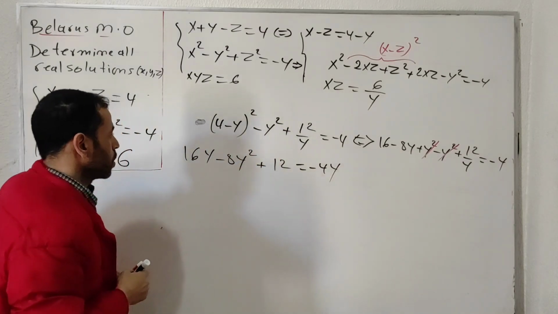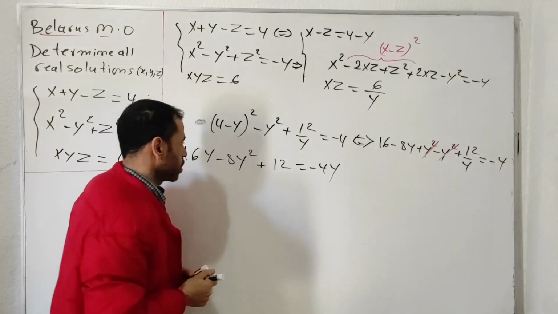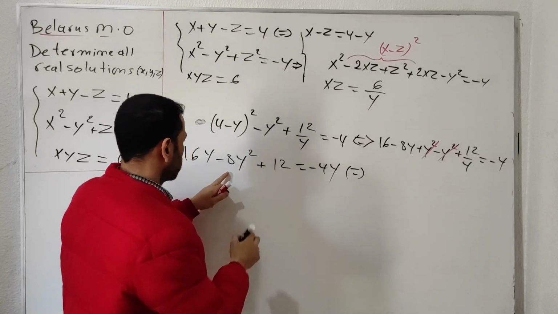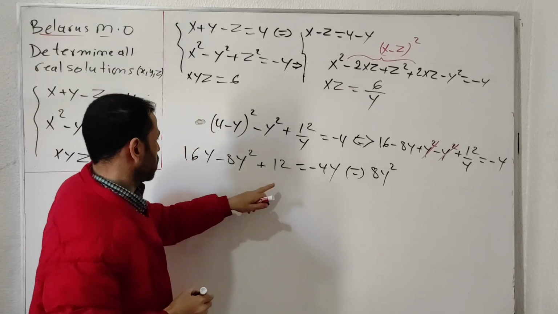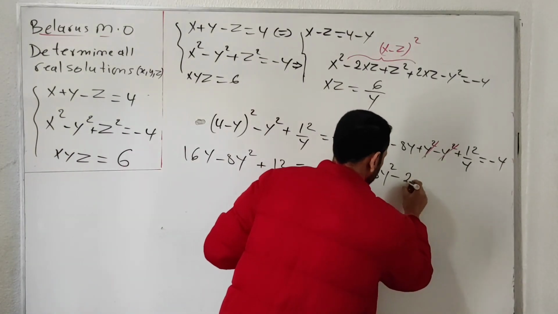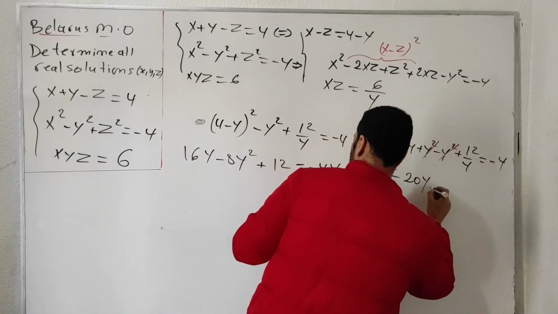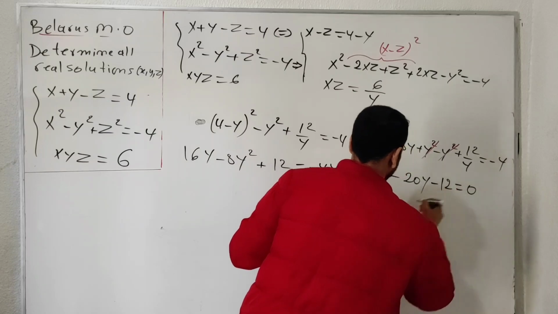Okay? Then by moving the terms to one side, I will get a new equation: minus 8y squared, minus 4y minus 16y, which is minus 20y, minus 12 as I'm taking 12 to the other side, equals 0.